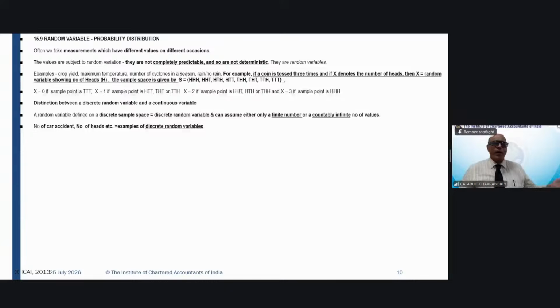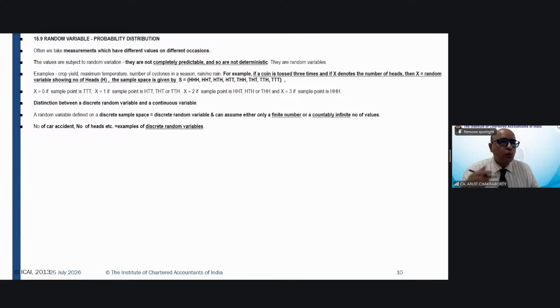Number of heads in a toss of coin. Say you are tossing a coin 5 times. What is the number of heads you can get? Of course, you can get 0 heads, all 5 tails.